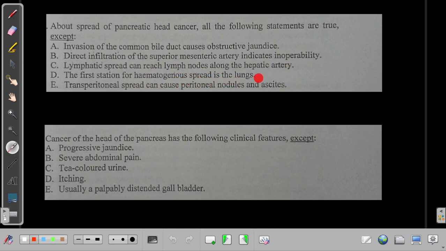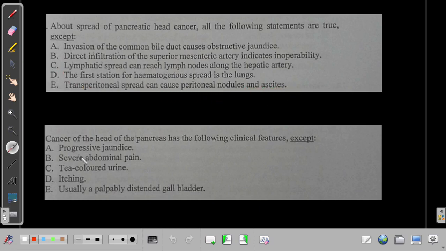This is untrue. Go for D because the venous blood of the pancreas goes to the portal vein, to the liver. The liver is going to be the first station, not the lung.